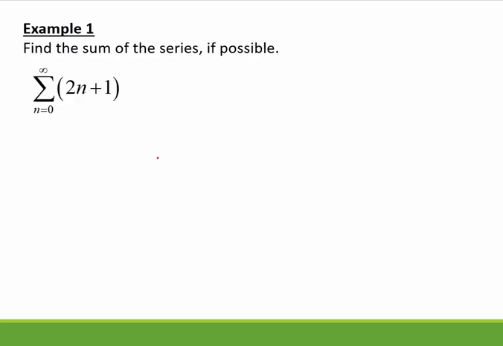So our first example, find the sum of the series if possible. I'm going to start plugging in n equals 0, so that's 1. If I plug in 1, I get 3. If I plug in n equals 2, I get 5.